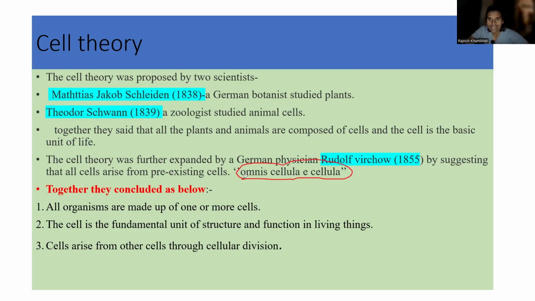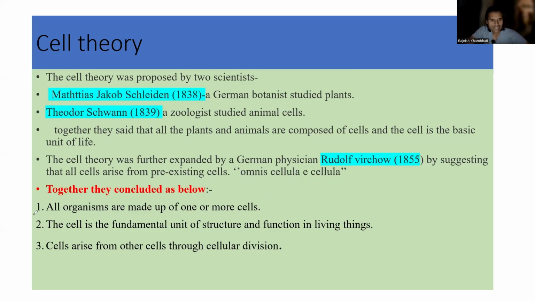That means all new cells arise from pre-existing old cells. You can compare it to parent cells: only if parent cells are present can new daughter cells be produced. If there is no parent cell, there is no daughter cell.